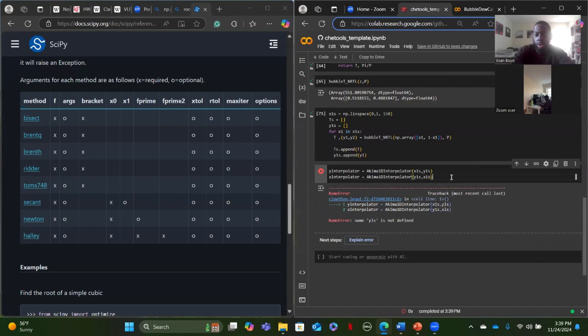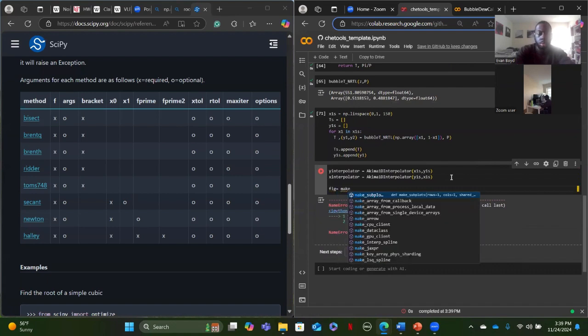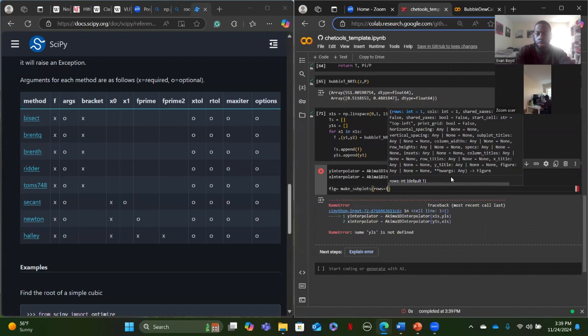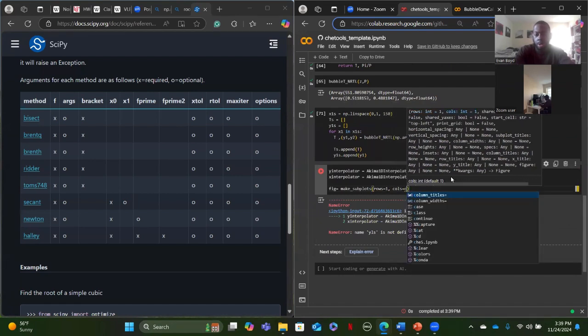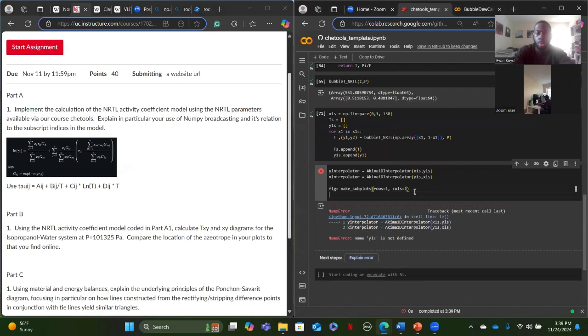Okay. So now let's make our subplots. So fig equal to make subplots. And we want 2 graphs here, side by side, so rows is equal to 1 and our columns will be equal to 2. Okay. And then like we said in our prompt, we are trying to find TXY and XY plots.